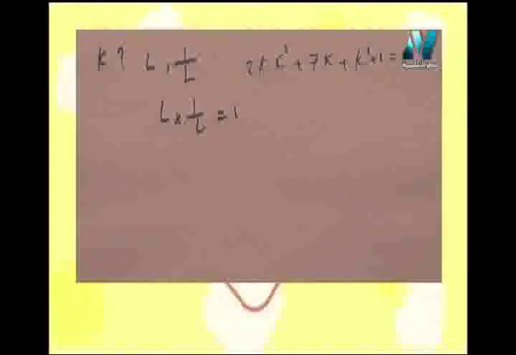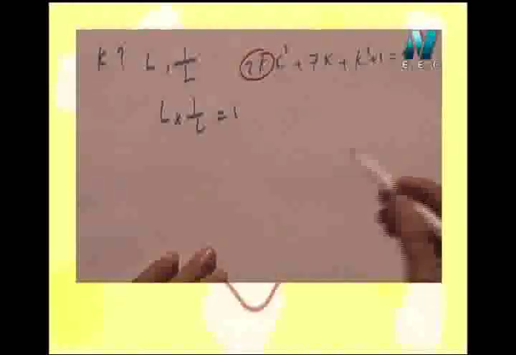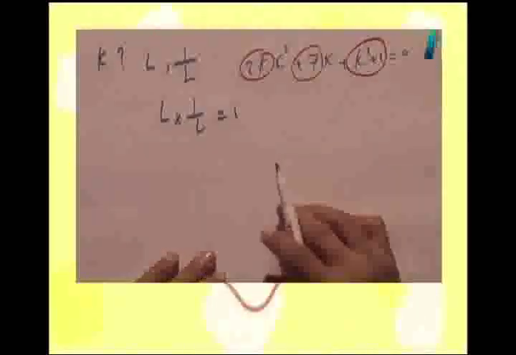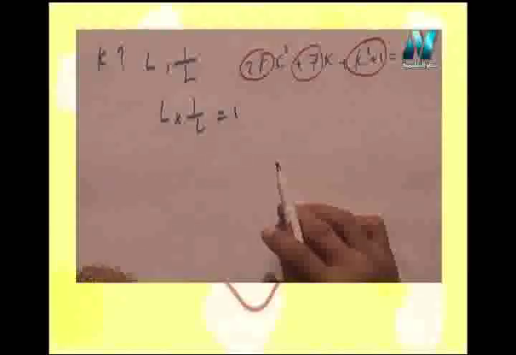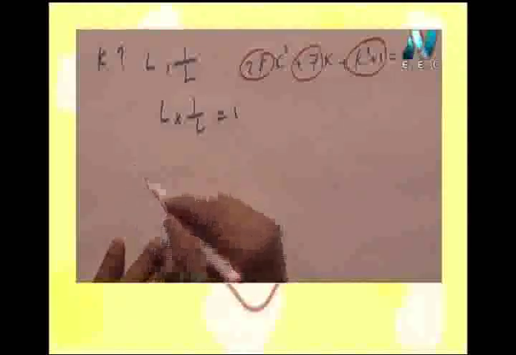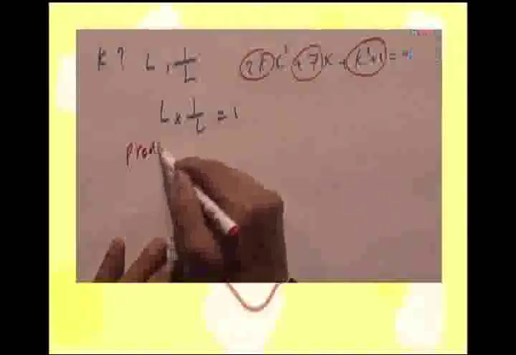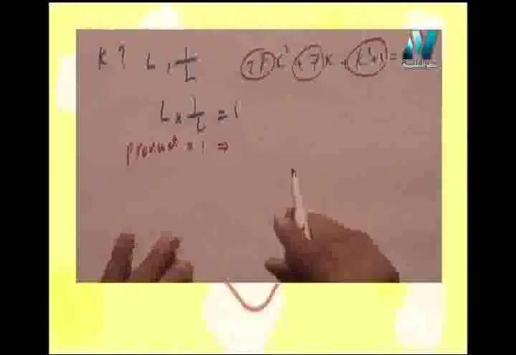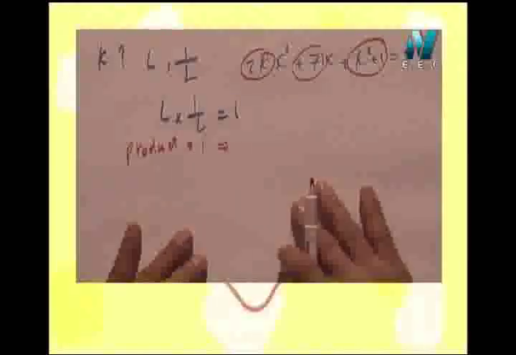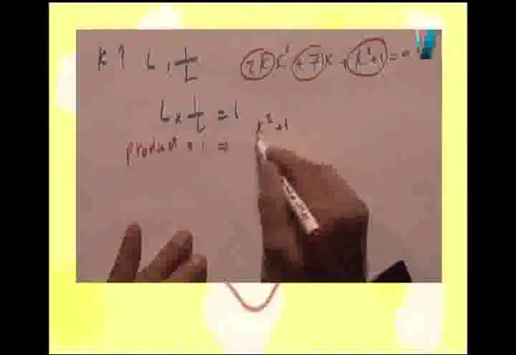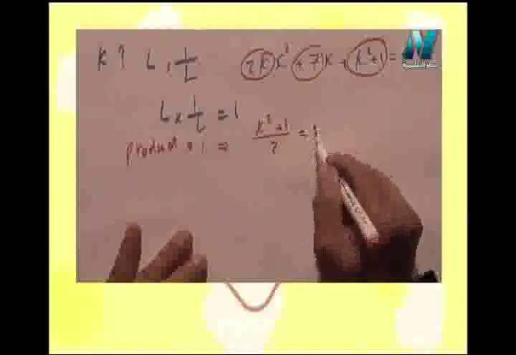Where is a? A here is 2k, and b is 7, and c is all of this number, k power 2 plus 1. So we will find out the product of the two roots. Product here equals what? Equals 1. What is the product here? The product is c over a. What is c? C is k power 2 plus 1, over 2k, equals 1.